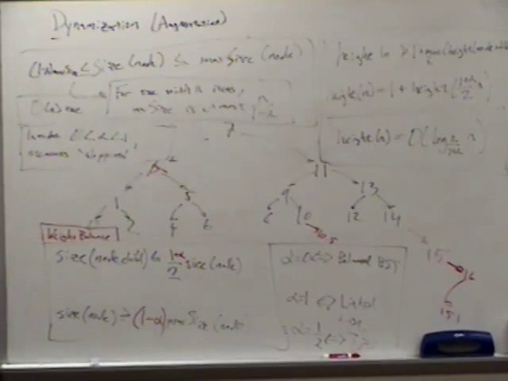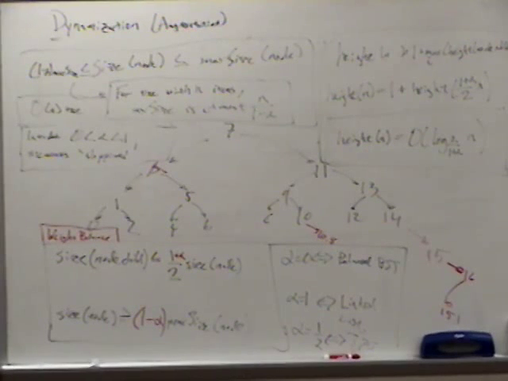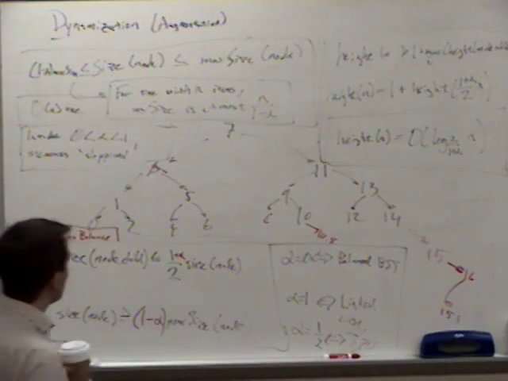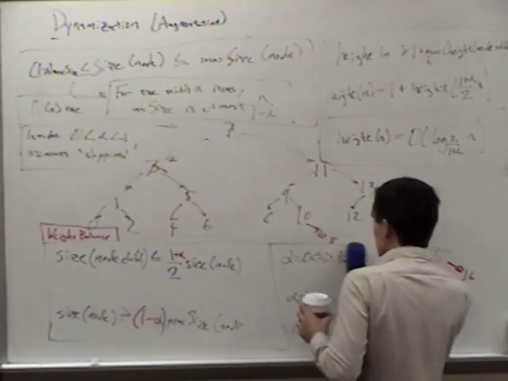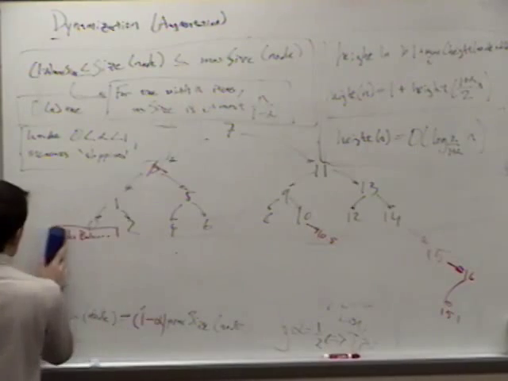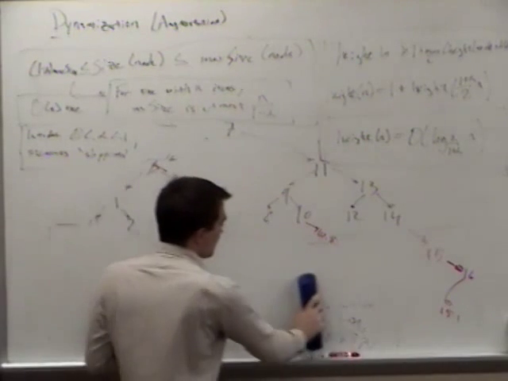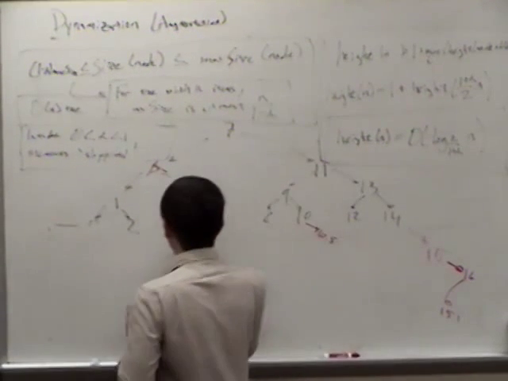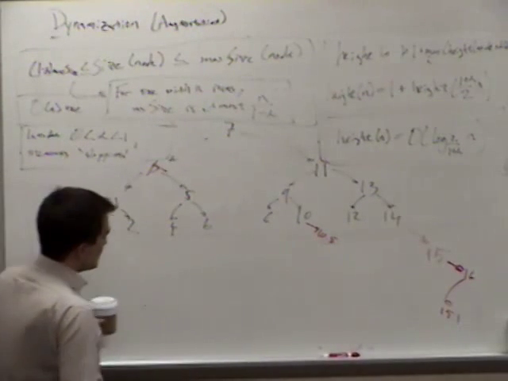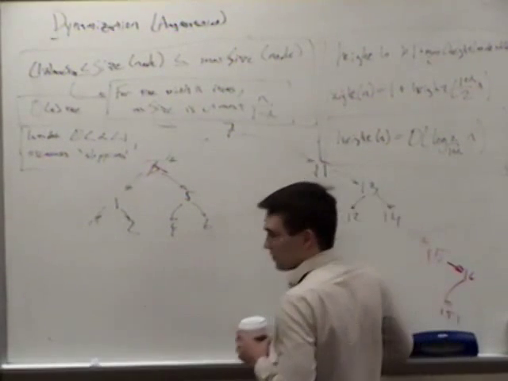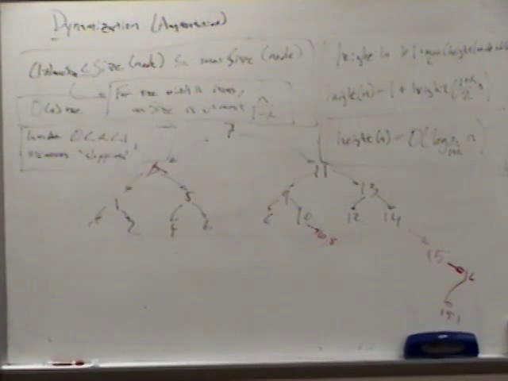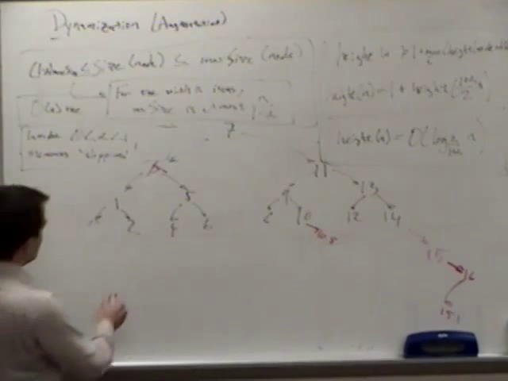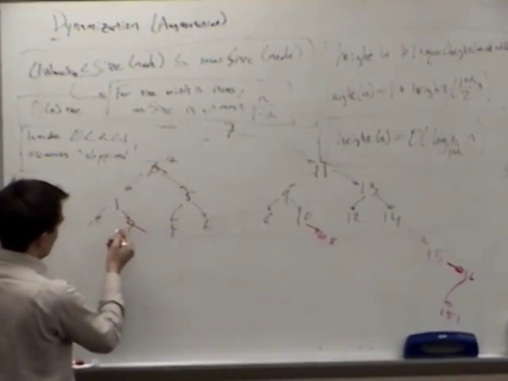So let me go through why that actually makes sense, or what the cost is here. Here's the idea. Just suppose I keep deleting nodes here. I delete this thing, and then maybe I delete this thing.